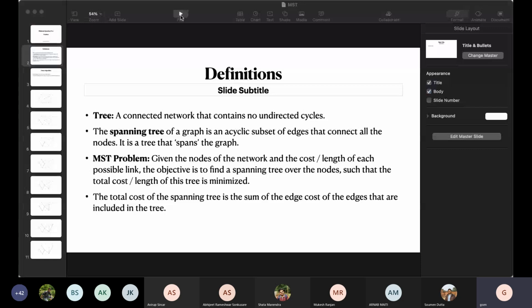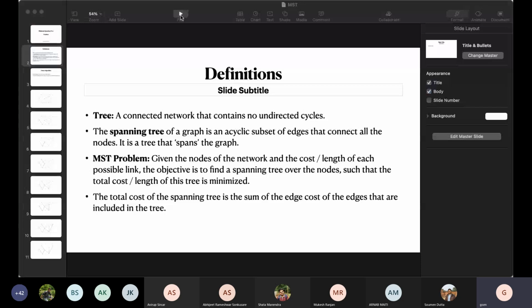Now coming to this spanning tree problem, why is the minimum spanning tree important? We understand that if we are given a graph of say 10 nodes, then these 10 nodes can be connected in different ways.